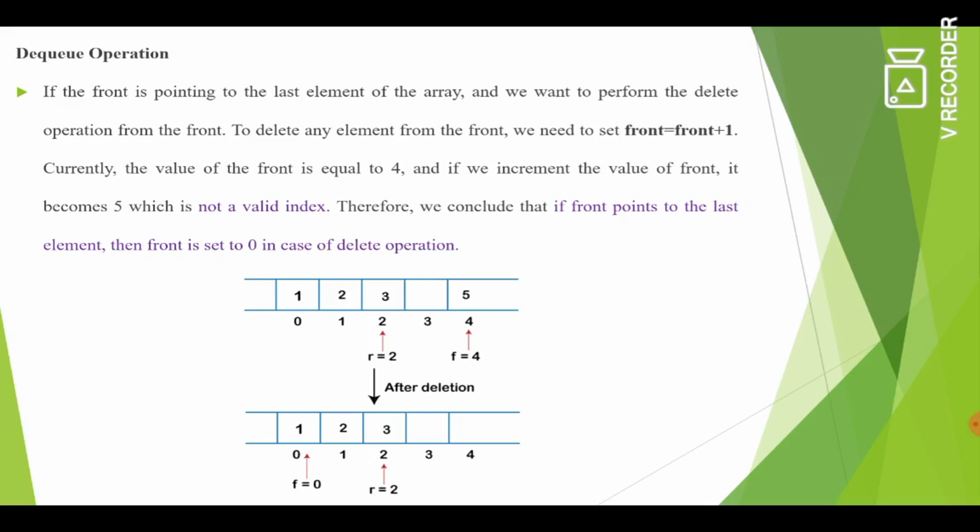So first we are considering the front end deletion. If the front is pointing to the last element of the array, and if I want to perform delete operation from the front, I have to increment the front pointer by 1. That is, I am going to delete the element at index 4.